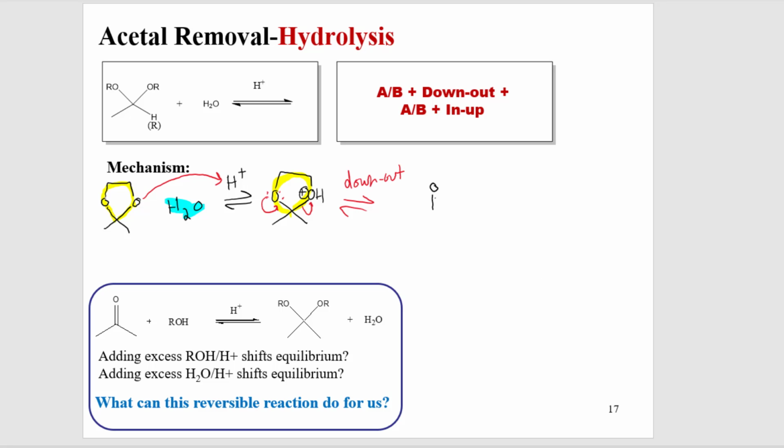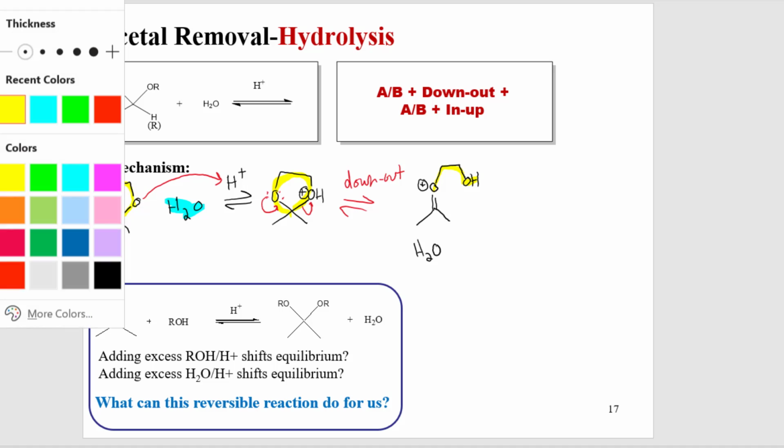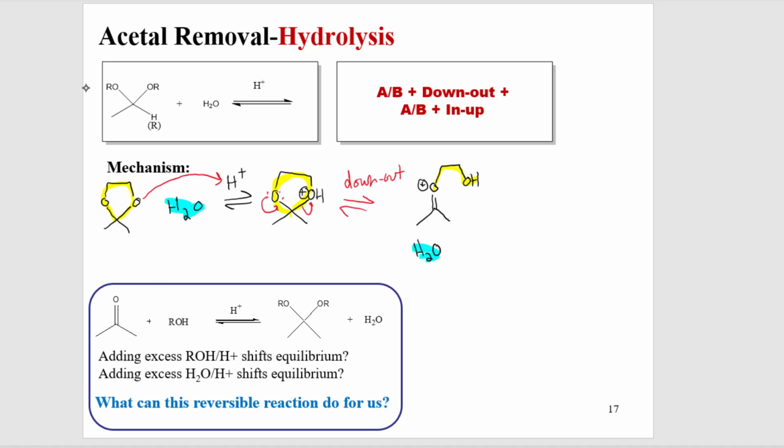Now we have kicked off one of the OHs of the alcohol. And we've formed a much less sterically hindered carbon. We have an sp2 carbonyl now. That's activated, positive.